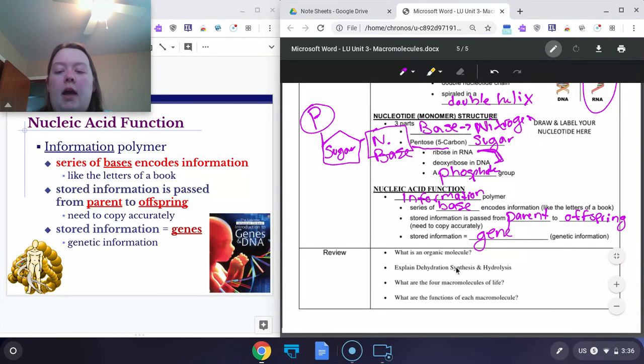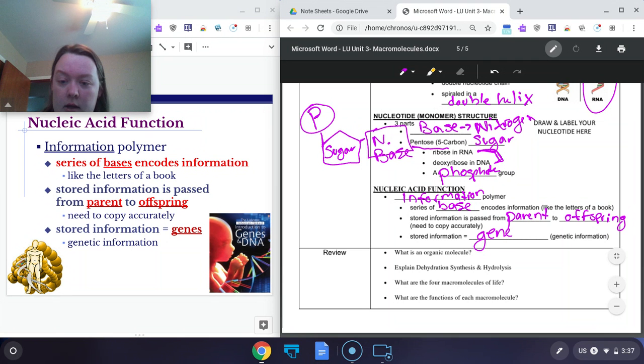So the last thing we have at the bottom are review questions. Review question number 1. What is an organic molecule? An organic molecule is a molecule that contains the element carbon. If it contains the element carbon, it is an organic molecule. Number 2, explain dehydration synthesis and hydrolysis.